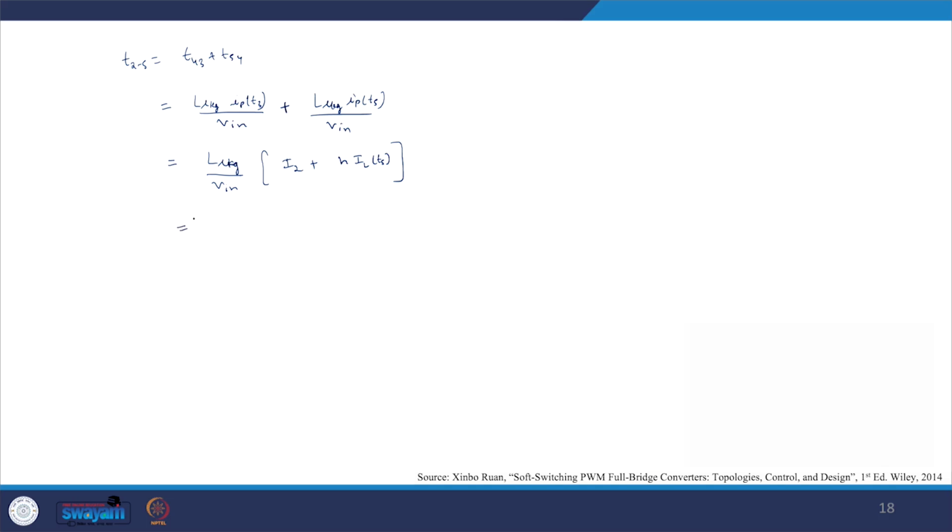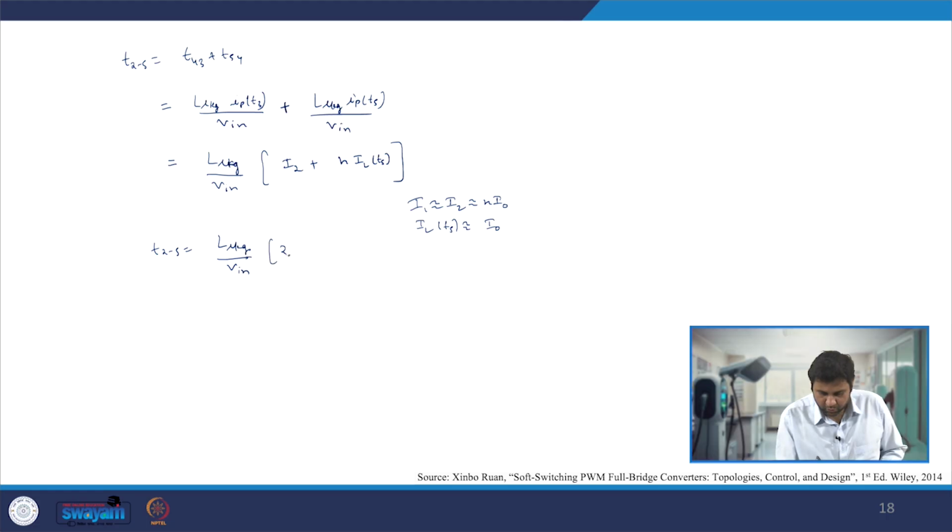If we assume I1 is nearly equal to I2 and it is nearly equal to N I0, and IL of T5 if we consider to be N I0, we can write T225 to be equal to L leakage by V in times 2 N I0. And we can write D loss to be equal to T225 divided by Ts by 2.